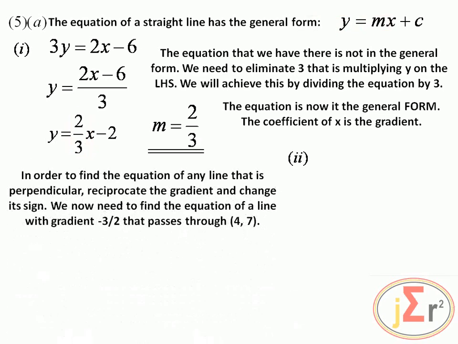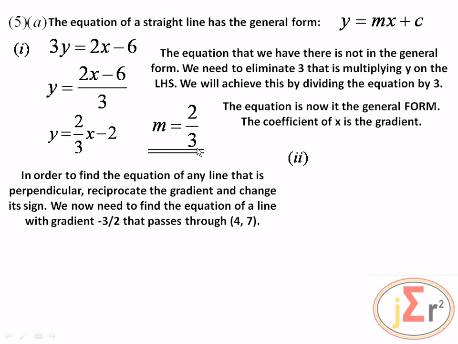Now we need to determine the equation of the line that is perpendicular to the one with this gradient, and that passes through (4, 7). What do we do?